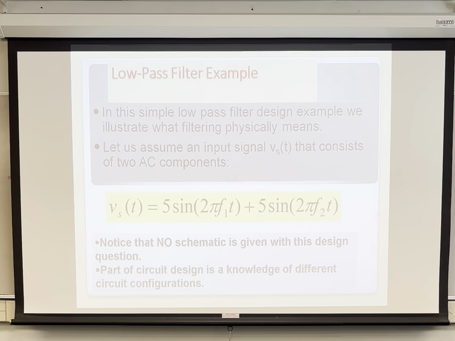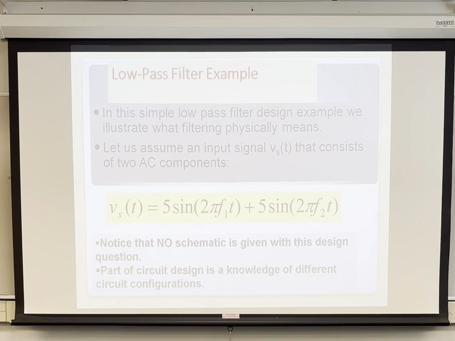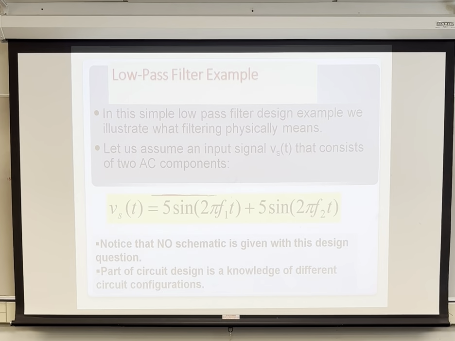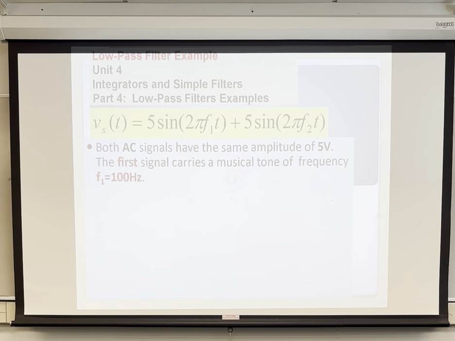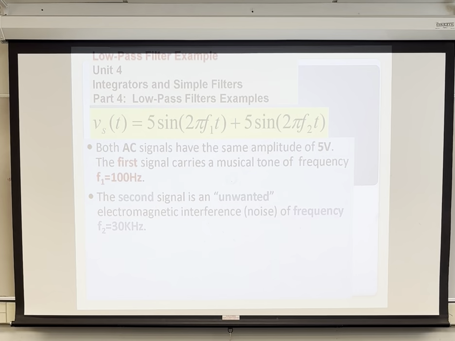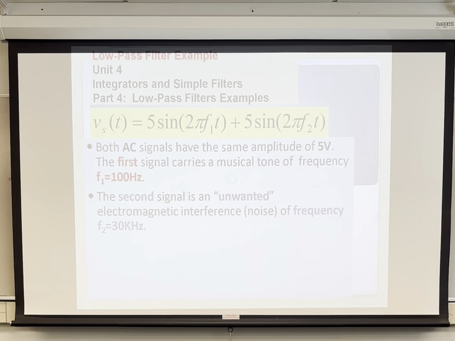The question is, we want to design a low-pass filter that will pass this frequency and reject the second frequency. So we can give some values to F1 and F2, and we know both of these have the same amplitude, which is 5 volts.